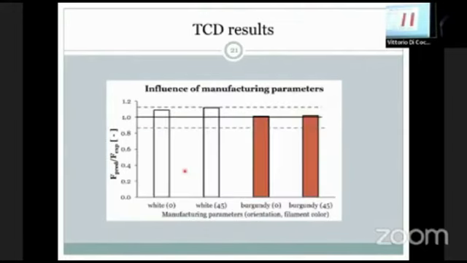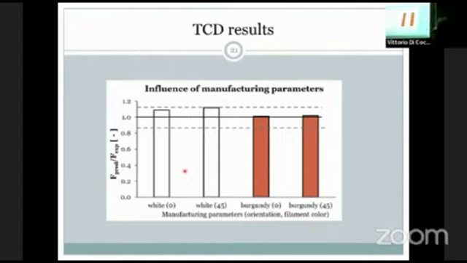We also applied the theory of critical distance to different manufacturing parameters. So we changed the in-plane orientation of the specimen, 0 for the previous results and 45 degrees. And we used two different filaments, a white filament and a burgundy filament.